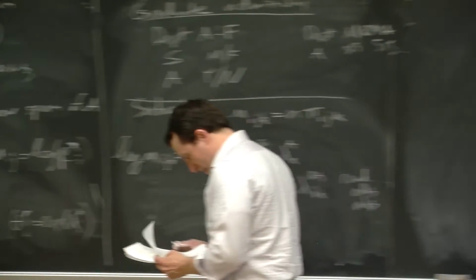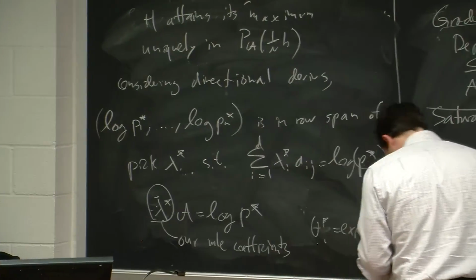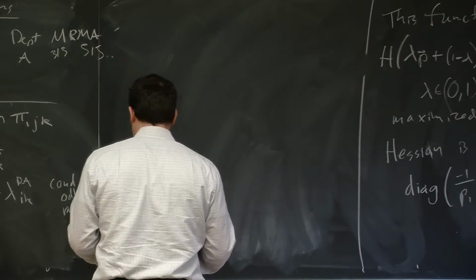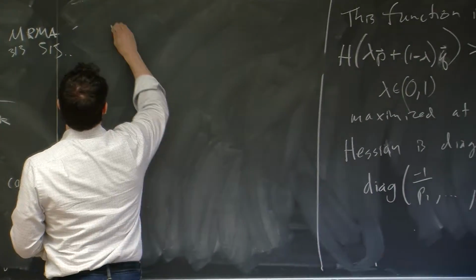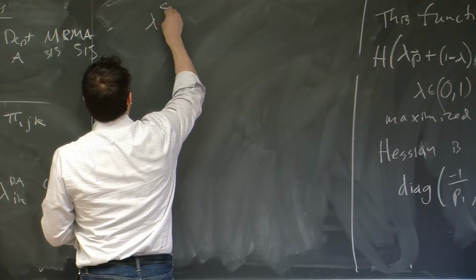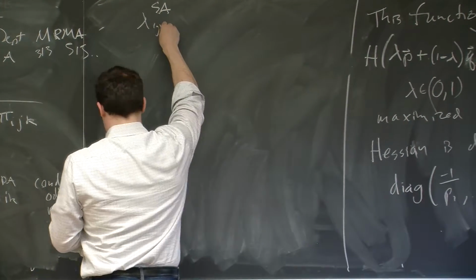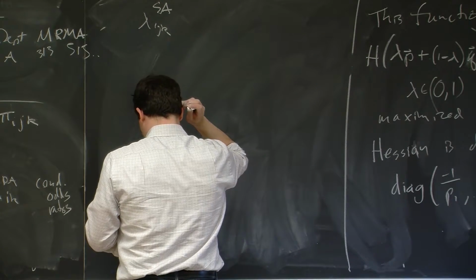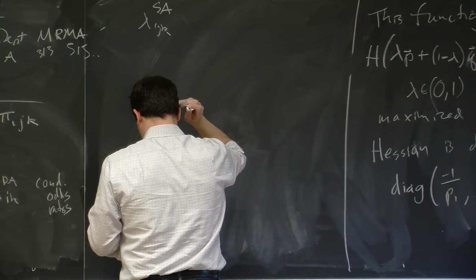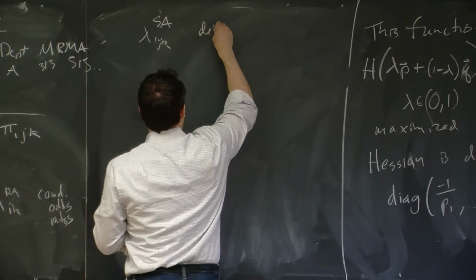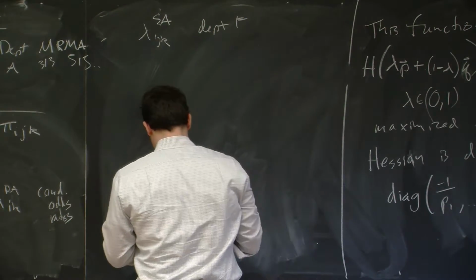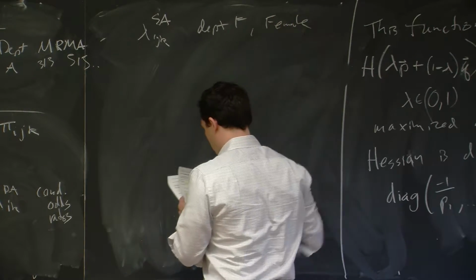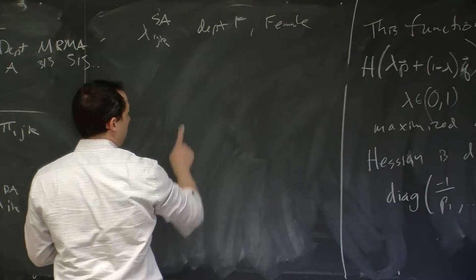Let's see what else. I could look at coefficients, like the lambda SA_jk coefficient. The coding depends on the software, but let's say department F and female are the reference ones, the zeros.